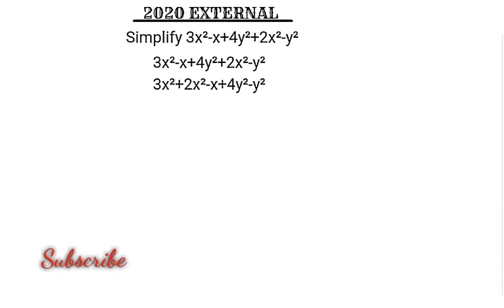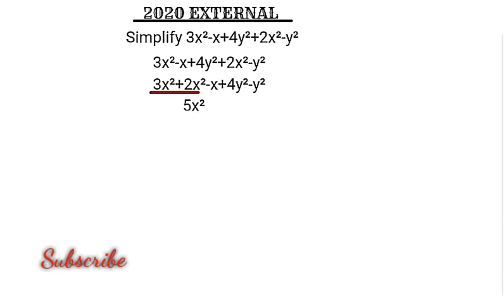Once I've rearranged the terms according to their likeness, the next thing I'm going to do is work the operation. I'm going to add or subtract where it's applicable. So 3x squared plus 2x squared will give us 5x squared.